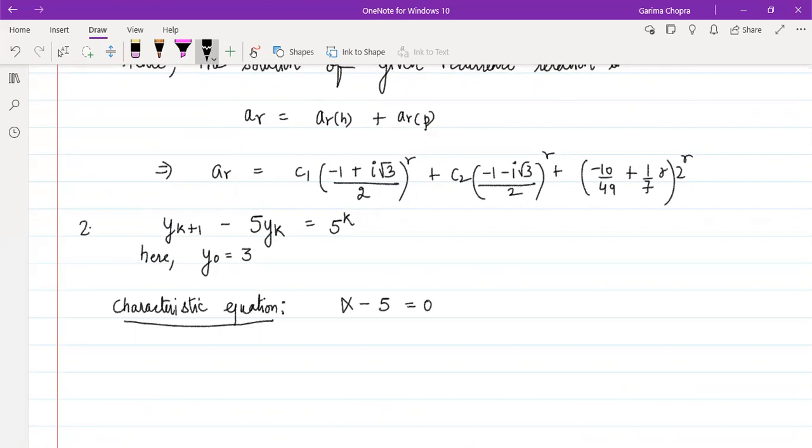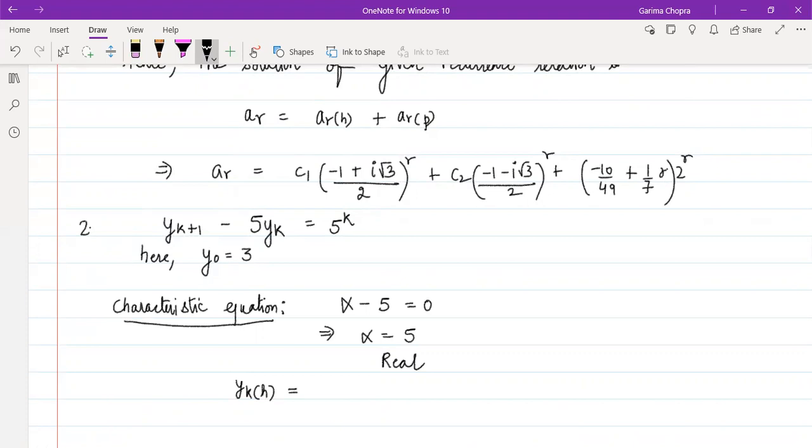And when we find its root, we get one root, which is 5, and this root is real. Now for this one real root, if I write down the homogeneous solution, the sequence is y, the subscript is k, and this h is for the homogeneous solution. We will take only one constant here, because we have only one root.